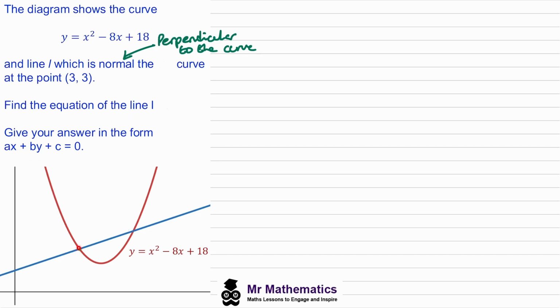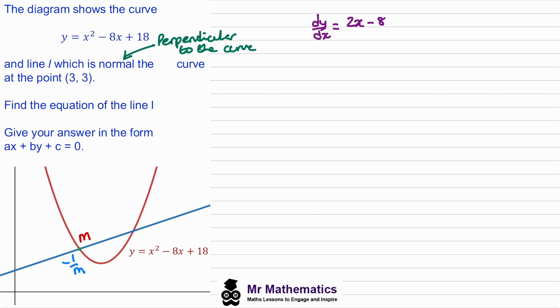So because it's normal to the curve at this point, let's say the gradient of the curve is m. At this point, the gradient of the normal will be negative 1 over m. So we can find the gradient of the curve by differentiating this. So dy by dx, we differentiate the x squared, and we get 2x. Differentiate negative 8x, we get negative 8, and then this constant will go.